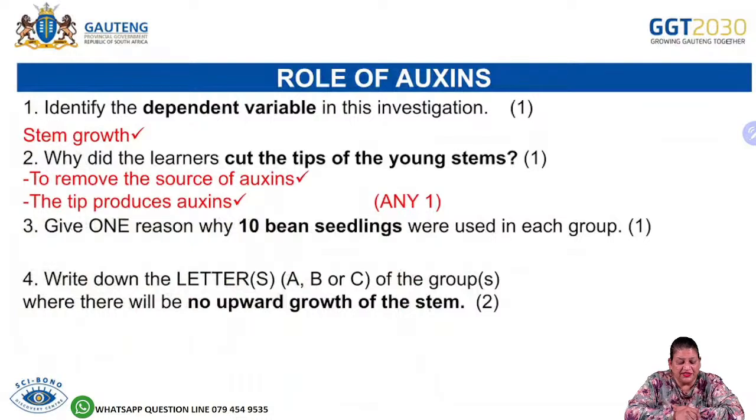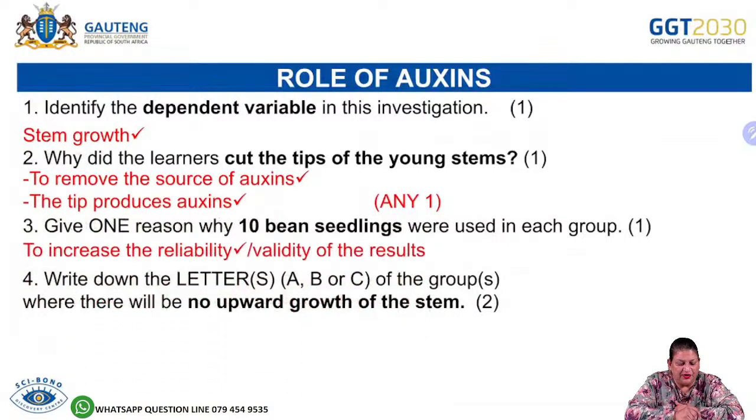Okay, give one reason why 10 bean seedlings were used in each group. 10, 10, 10. Not 10, 8 or 12. We kept them constant, right? Because we want to see what? Validity. So you can say to increase reliability, we want the same results. We want to make it fair, validity. So you can say to increase reliability and for validity, because we're keeping it the same.